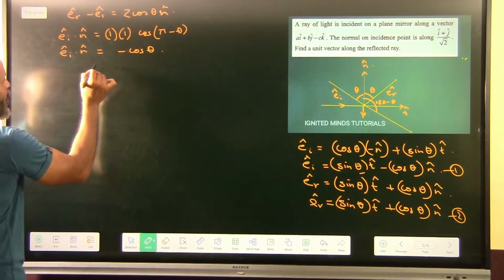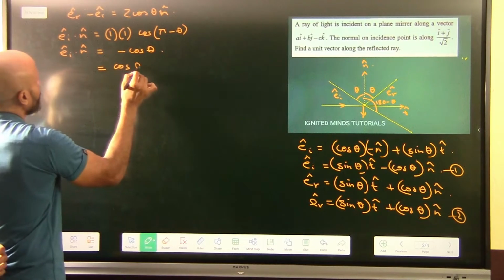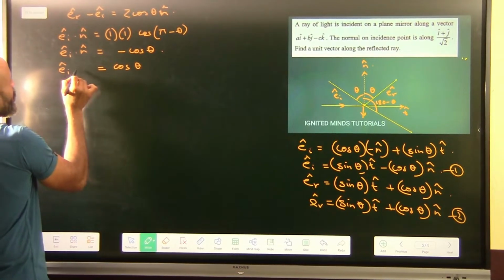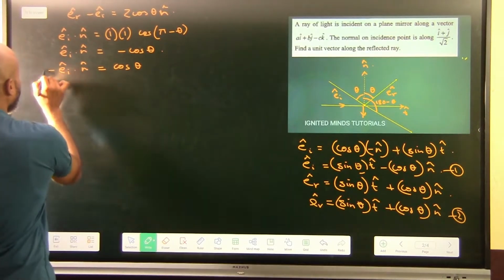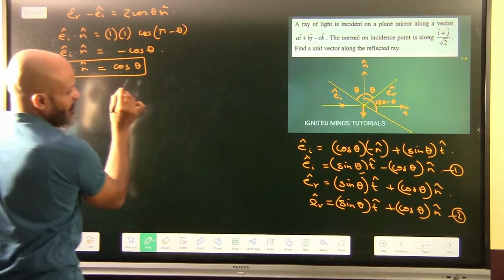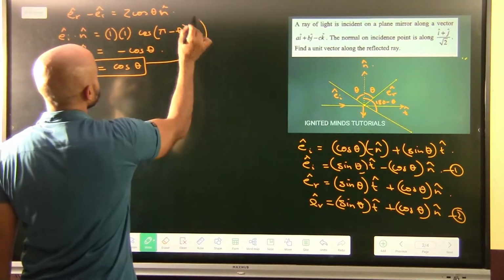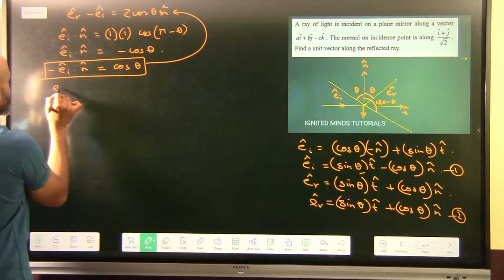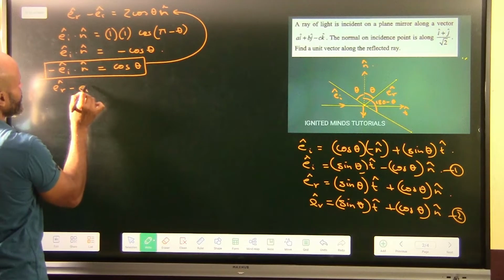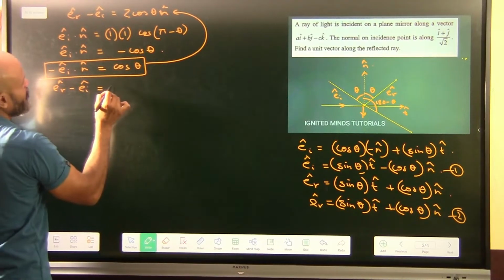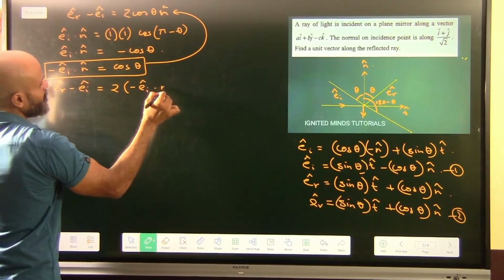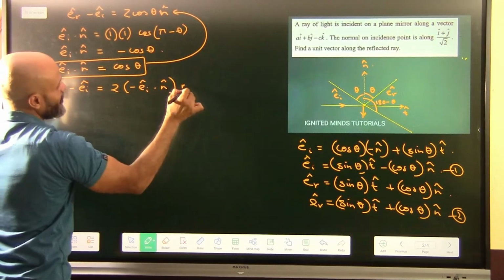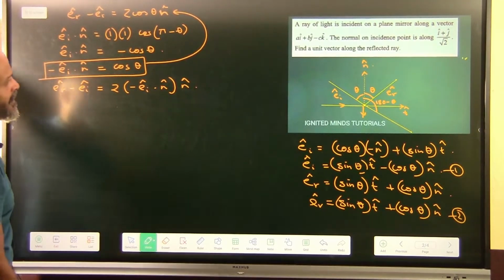If I substitute this value of cos theta in this equation, ER minus EI will be equal to minus 2 EI dot n, times the unit vector along the normal.